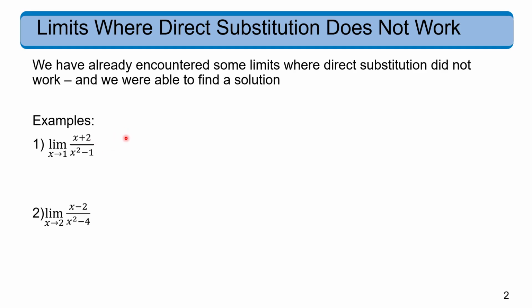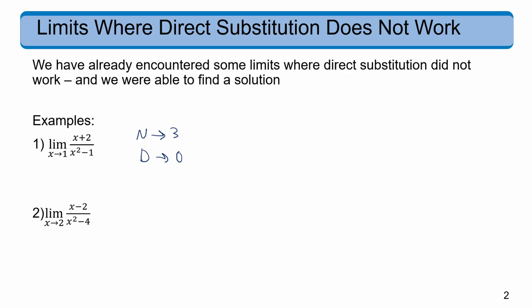So the numerator is getting closer and closer to 3. And in the denominator, as x gets closer and closer to 1, this expression gets closer and closer to 1 minus 1, which is 0. So individually, we see the numerator is approaching 3 and the denominator is approaching 0.